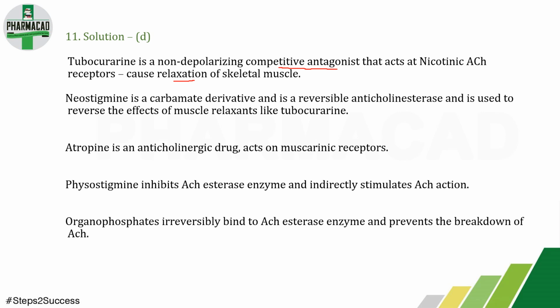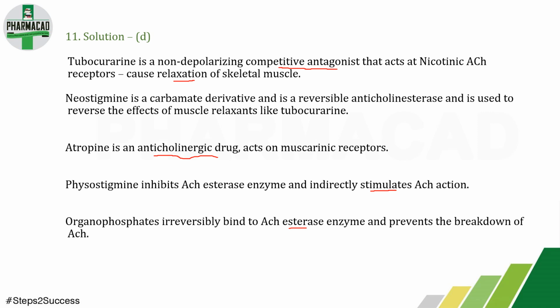The first option is atropine. Atropine is an anticholinergic drug which acts on the muscarinic receptor and not on the nicotinic receptor. Then we have physostigmine, which inhibits the acetylcholinesterase enzyme and thereby does not let acetylcholine be metabolized, and it stimulates acetylcholine action. Then we have organophosphate, which irreversibly binds the acetylcholinesterase enzyme and prevents the breakdown of ACh.